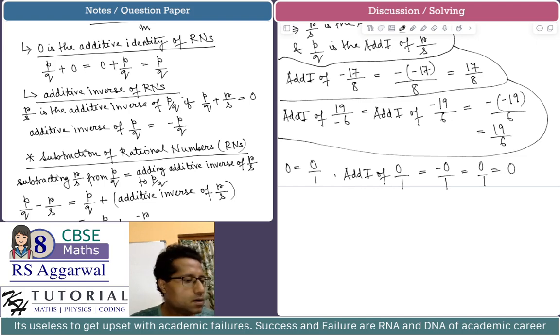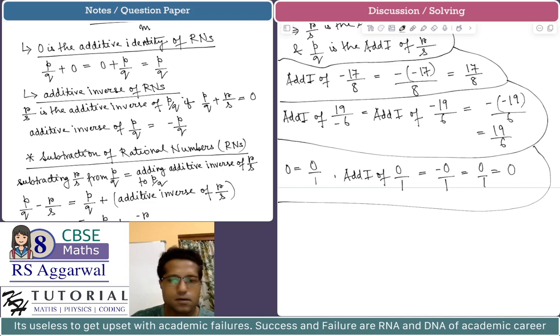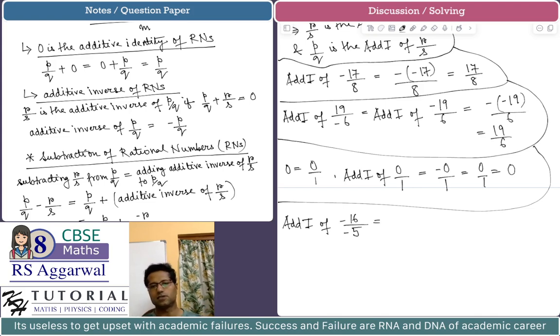Okay, let's take another example. Let's take minus 16 by minus 5. The additive inverse of minus 16 by minus 5 will be equal to, first we have to make the rational number whose additive inverse we are trying to find have a positive denominator.